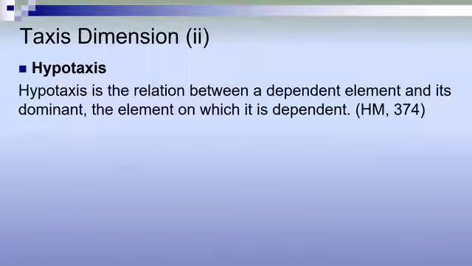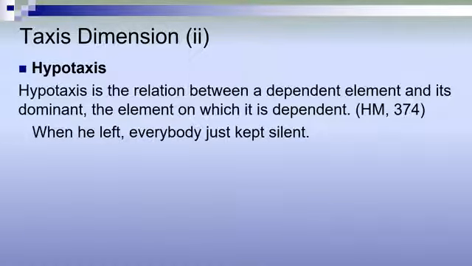The other taxis dimension is the hypotaxis dimension. Here, hypotaxis is the relation between a dependent element and its dominant, the element on which it is dependent. So the dependent element depends on the dominant. That's a definition by Halliday and Matthiessen.